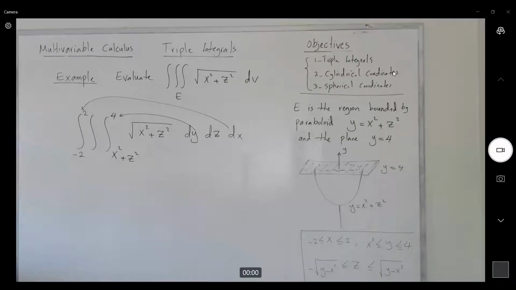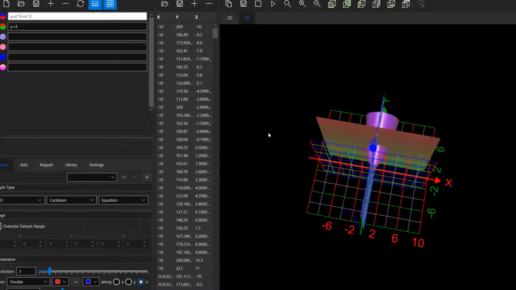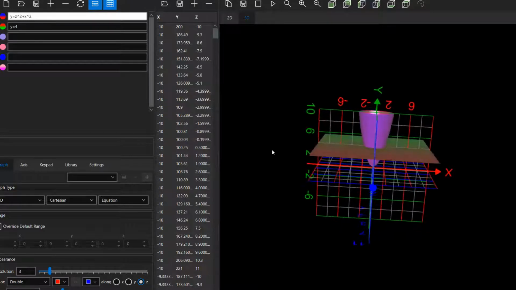Let us get back to our image, illustration, 3D image here.